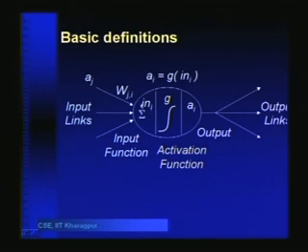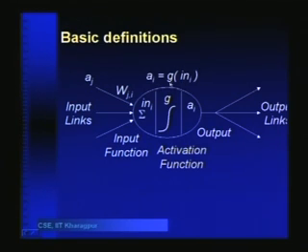Then we have a sigma function here which computes the total input that it receives from the other neurons. I will define what the total input is. And then there is this activation function G, which is a function of the total input that neuron I receives.